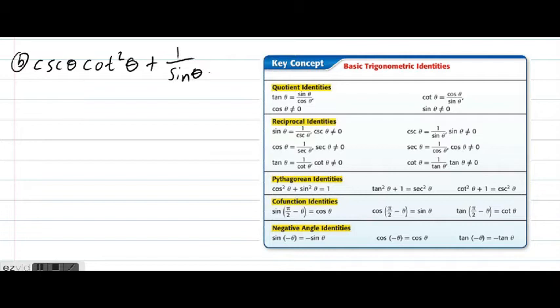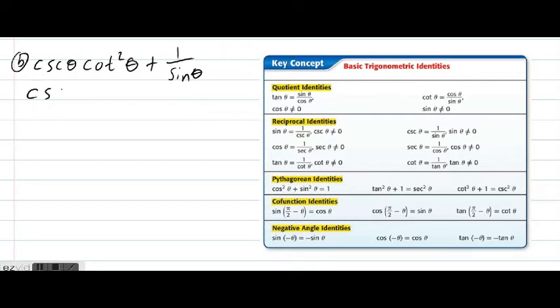I see the 1 over sine of theta, and I'm trying to make it as small as possible. So 1 over sine of theta is cosecant of theta.